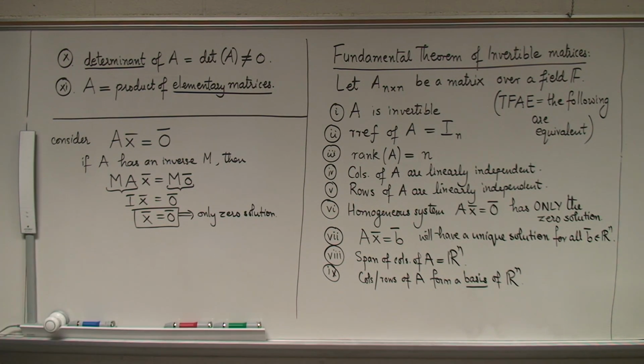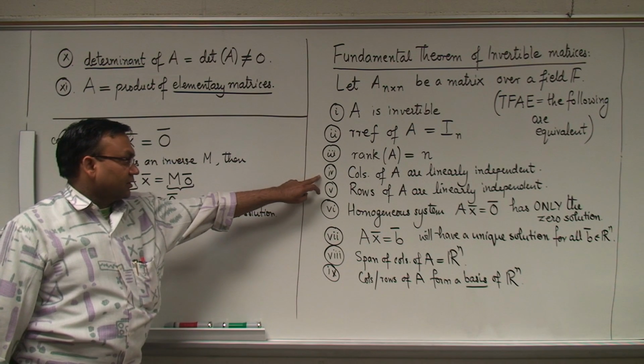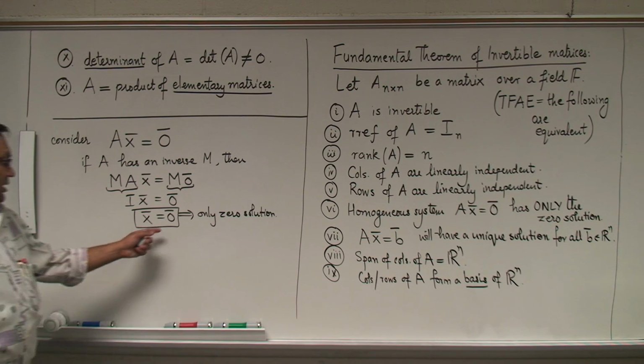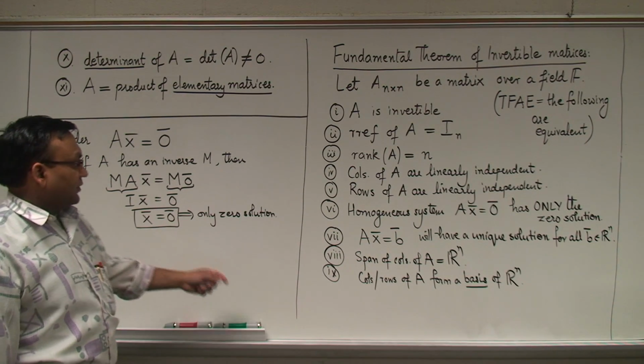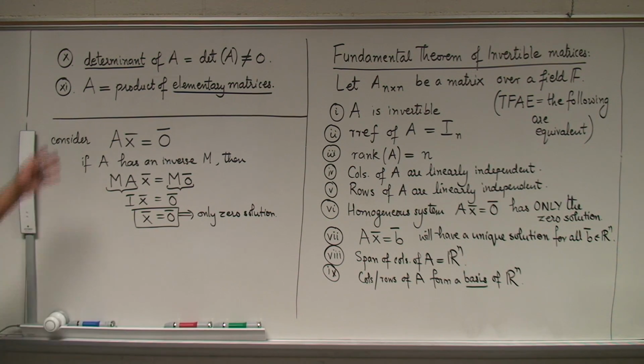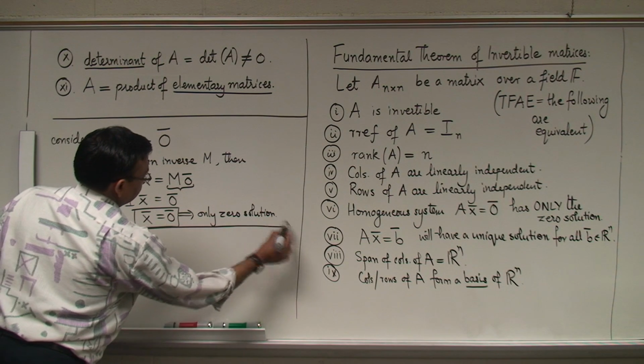Since the homogeneous system has only the 0 solution, that means the columns of A must be linearly independent. And since you only have 0 solution, there is no free variable, hence the rank must be n. So you are getting all these things out of some idea like this. So you can prove it using this way of thinking as well. There's another thing which we can say at this stage.